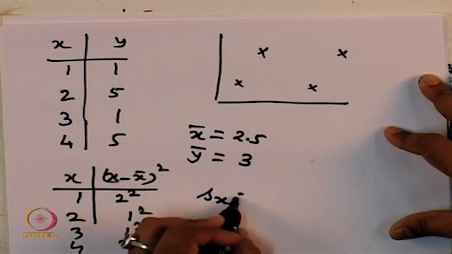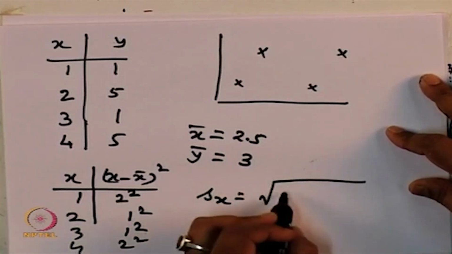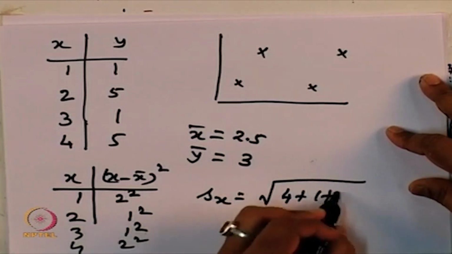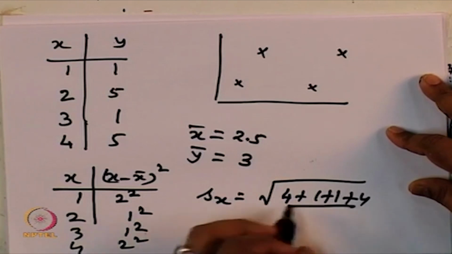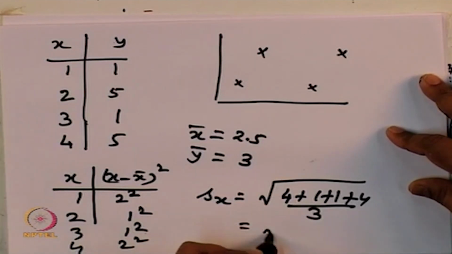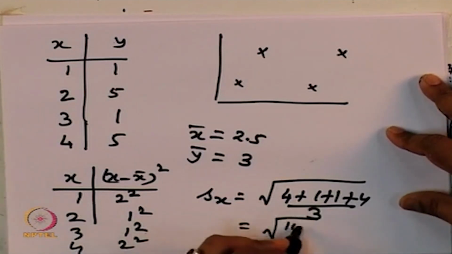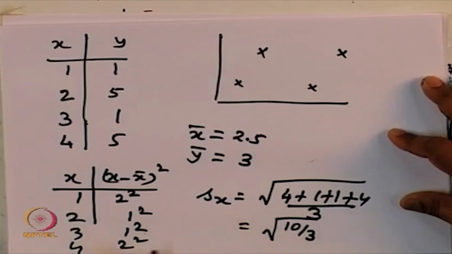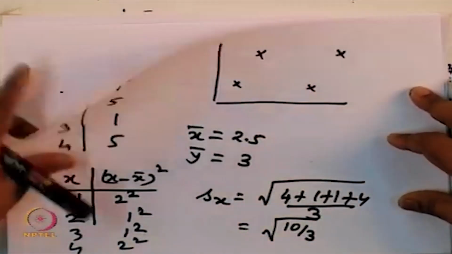So, Sx should give me a value of root of (4 plus 1 plus 1 plus 4) by n minus 1, which is 3, is equal to root of 10 by 3. Okay. Sx is root of 10 by 3.